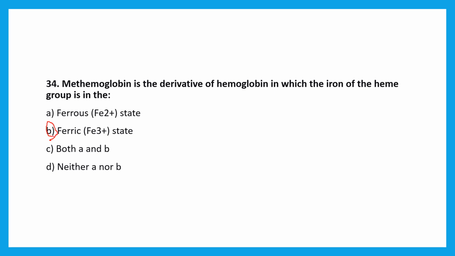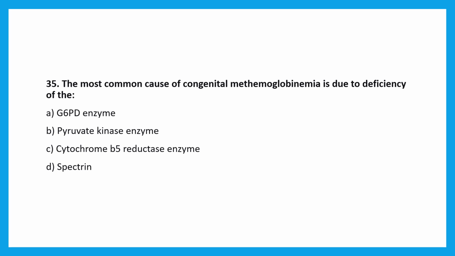Question 35. The most common cause of congenital methemoglobinemia is due to deficiency of what? A, G6PD enzyme, B, pyruvate kinase enzyme, C, cytochrome B5 reductase enzyme, and D, spectrin. The correct answer is cytochrome B5 reductase enzyme.